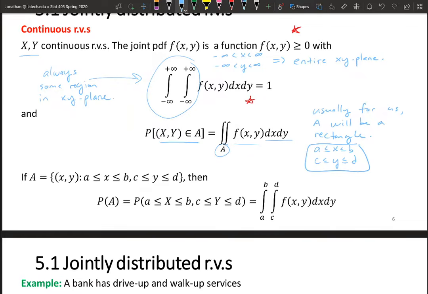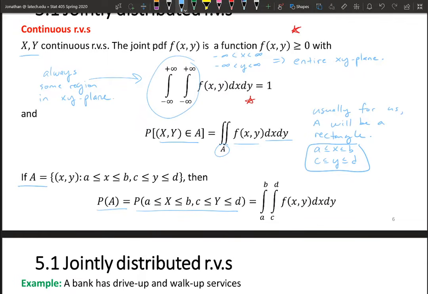So that's what we said here. If A is equal to some rectangle, then the probability of event A is equal to the probability that x is between a and b and y is between c and d. Well, that's just this double integral right here. There's a typo I've never caught before.